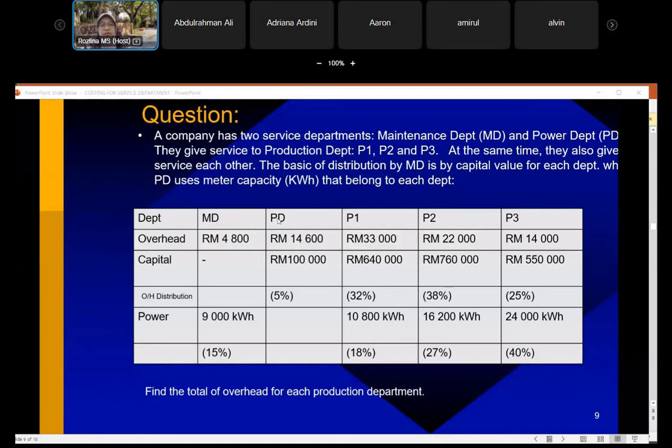Meaning MD to PD and PD also has an arrow to MD. The basis of distribution by MD is capital value. This is the capital value for each department. PD uses the meter capacity that belongs to each department. PD will use power capacity.